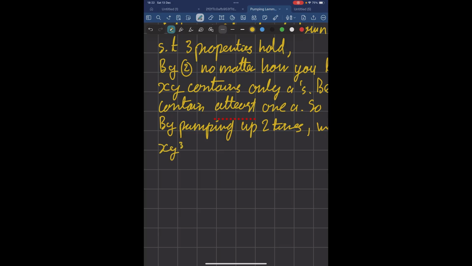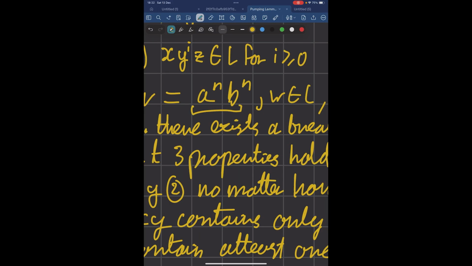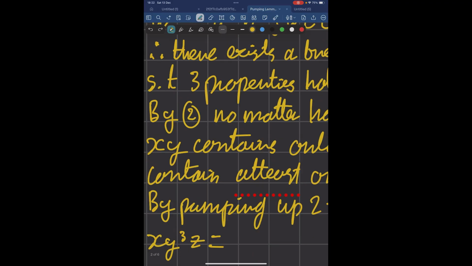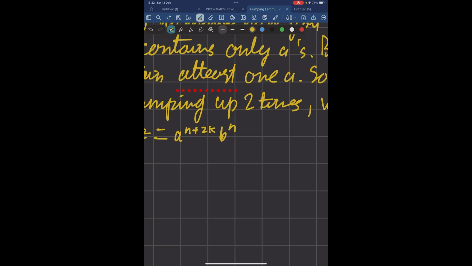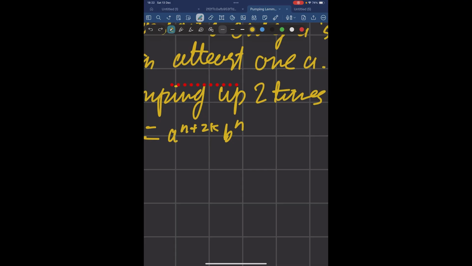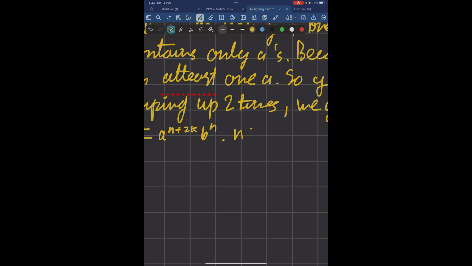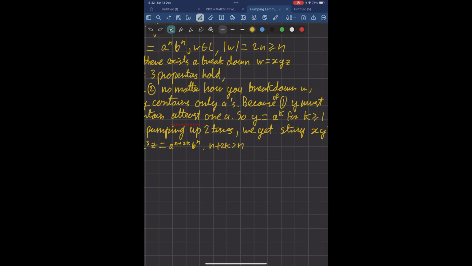So x y cubed z is going to be this with 2k a's in addition. So we'll have a to the n plus 2k, b to the n. Now because k is greater than 0, so it's at least 1, n plus 2k must be greater than n, which means that this is no longer in the language, because this isn't equal to n.